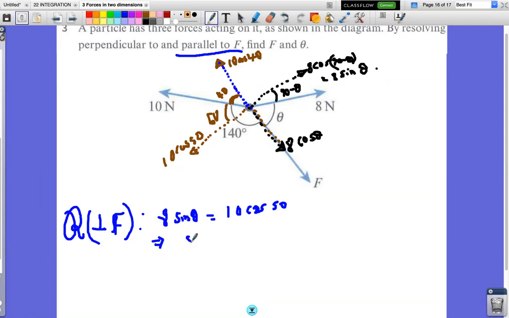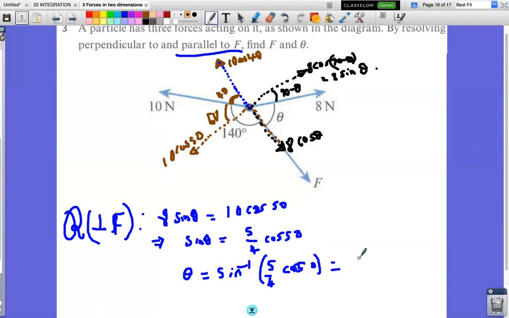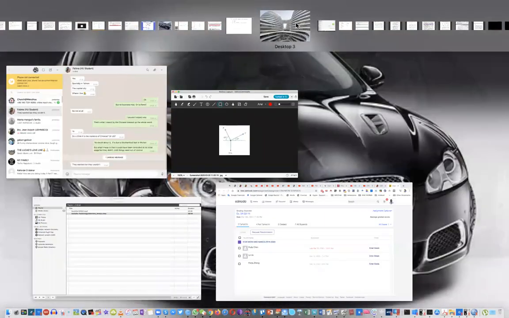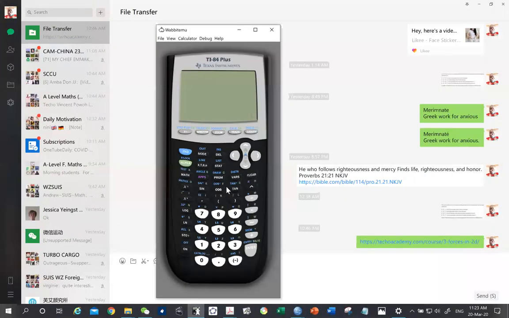That gives us sine theta to be 5/4 cos 50. And so theta will be sine inverse of 5/4 cos 50. What is 5/4 cos 50? Let me use my calculator. First, make sure my calculator is in degrees. Yeah, it's in degrees.